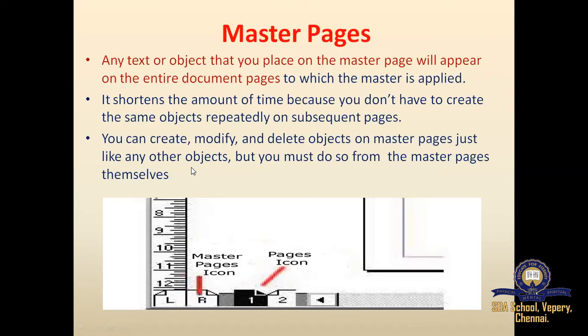Right? So any text or object that you place on master page will appear on the entire document pages. Now let us see how to insert page numbers in master page.